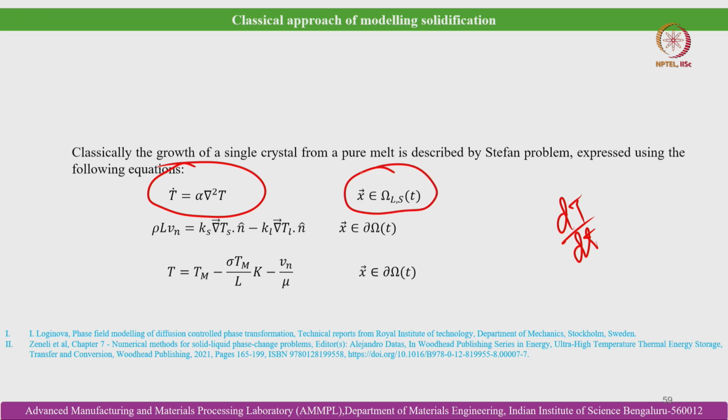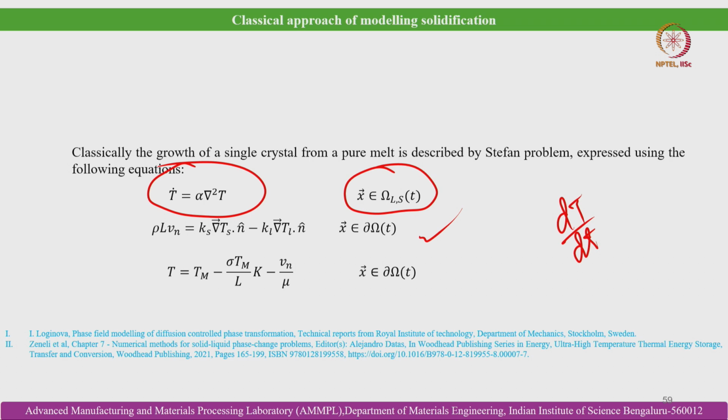Then ρ L V_n is equal to K_S grad T_S · n bar minus K_L grad T_L · n bar. That is the second equation, and then the third one is T is equal to T_m minus σ T_m by L times κ minus V_n by μ.